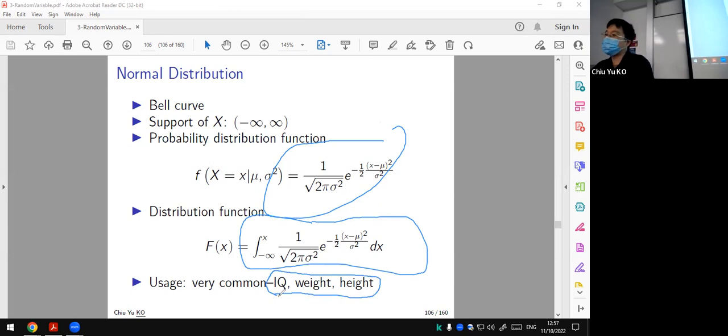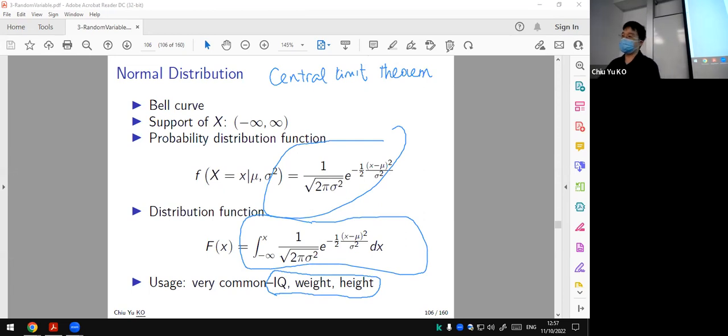The reason, which we will see later, comes from what we call the central limit theorem, which we will learn next week or the week after.